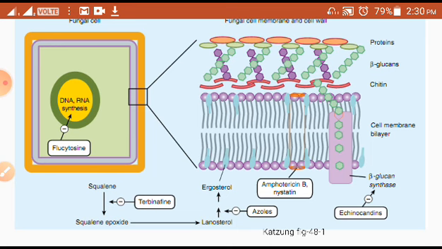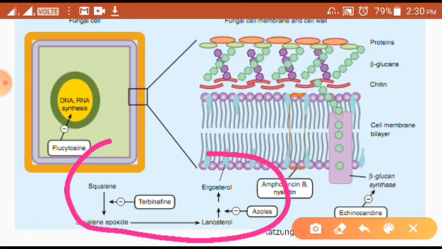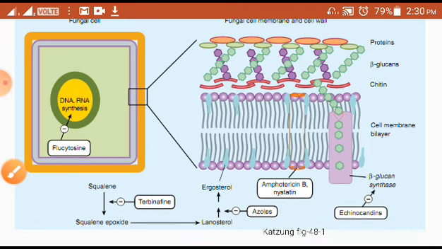Here the very important thing to understand about this mechanism is that squalene is converted into squalene epoxide and it converts into lanosterol. This lanosterol by multiple pathways or processes converts into ergosterol.